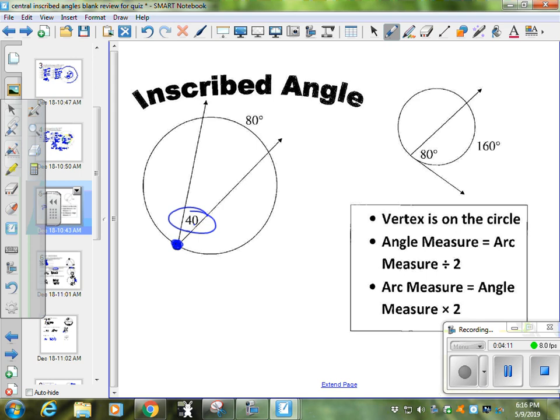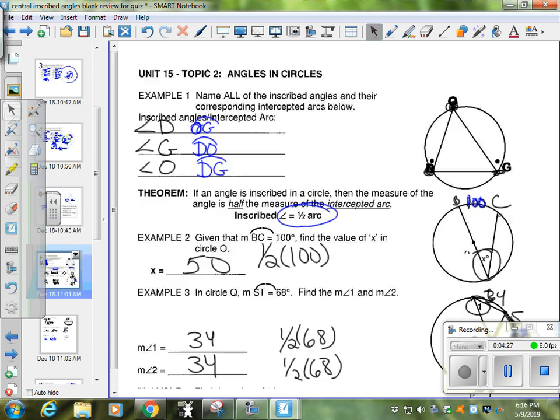You double it: double 40 to get 80, or take half of 80 to get 40. 160, so double 80 to get 160, or take half of 160 to get 80. So that's your central and inscribed angles. You should be able to do it where I give you the arc and you give me the angle, or I give you the angle, you give me the arc.